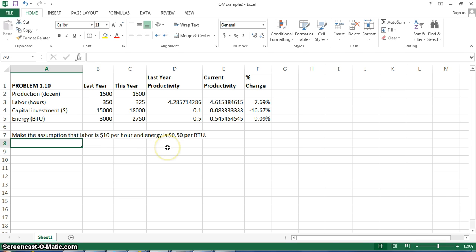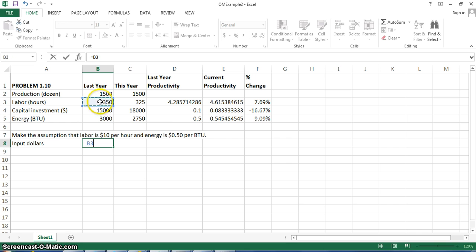In this way, we can calculate the input dollars for each period. The input dollars are the units of each input used times the cost of that input. So for instance, for labor, input dollars would include 350 times 10, if we're making the assumption that labor is $10 per hour.